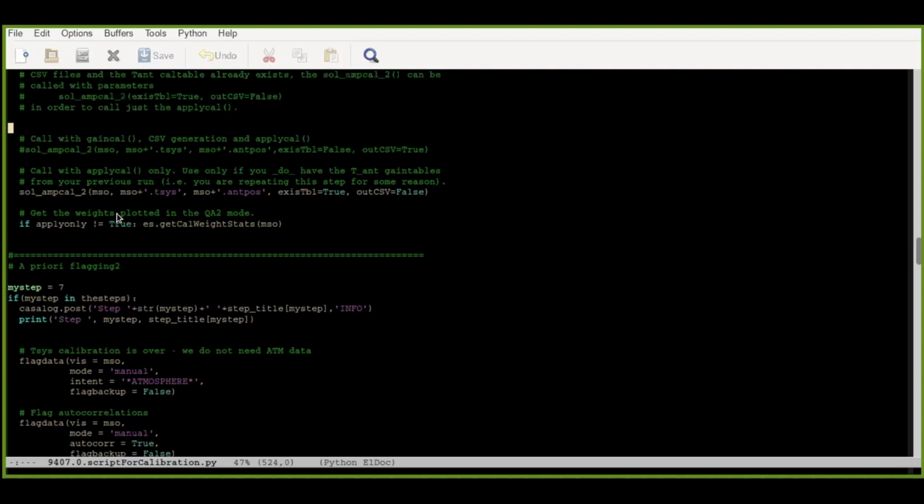In this solampcal2, you can select whether you would like to neglect or not neglect the weights. Quite recently we found that if you have an observation that contains a limb, so the edge of the sun, and it is a mosaic, it can happen that you have to calculate this Tcis and Tant, but because this Tcis and Tant are added together for calculating the weights, the higher the Tcis, the lower the weight of the field.